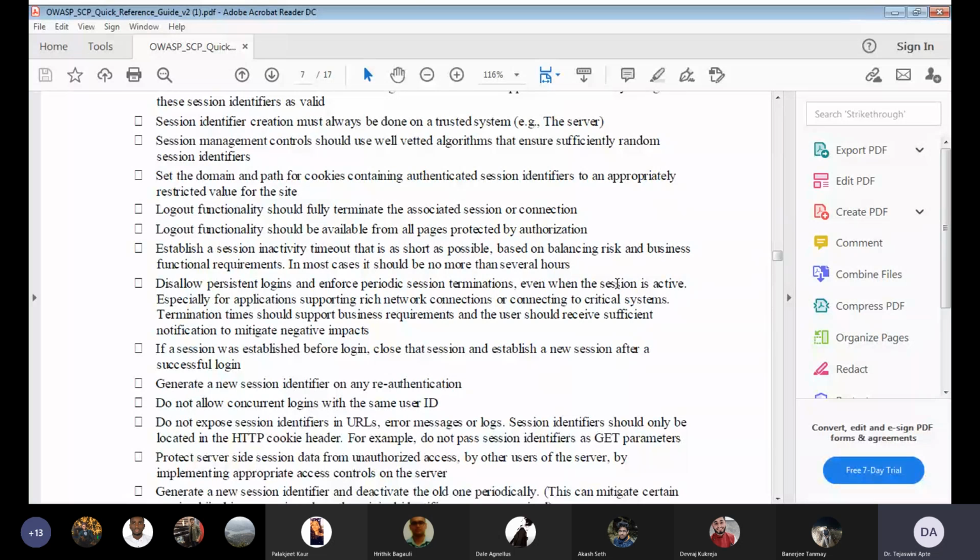This is what we need to address while developing any application. Are you with me, all the students? We are taking care of session management, and we need to understand how exactly the attacker can exploit session vulnerabilities to enter into that particular session.